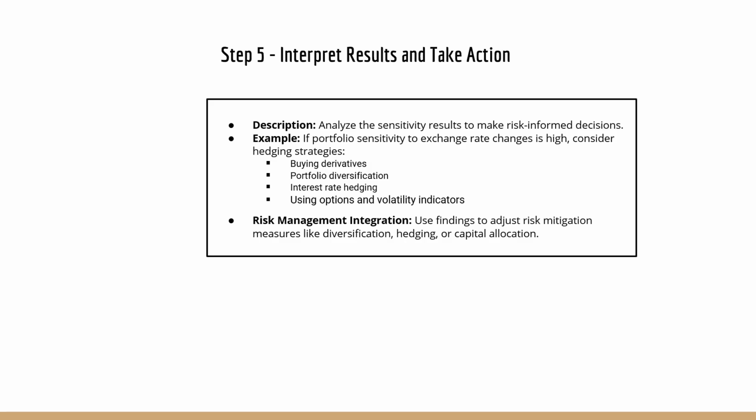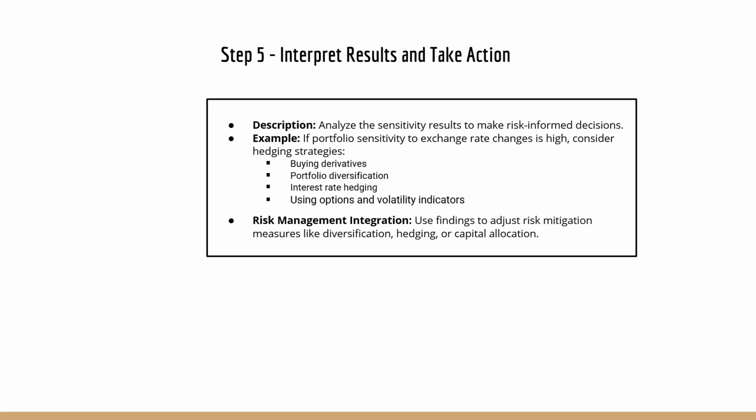Step number 5, which is the last step, is to make an interpretation of results and take action. Remember, the goal of sensitivity analysis is to make informed decisions for successful operation or successful performance of a company.